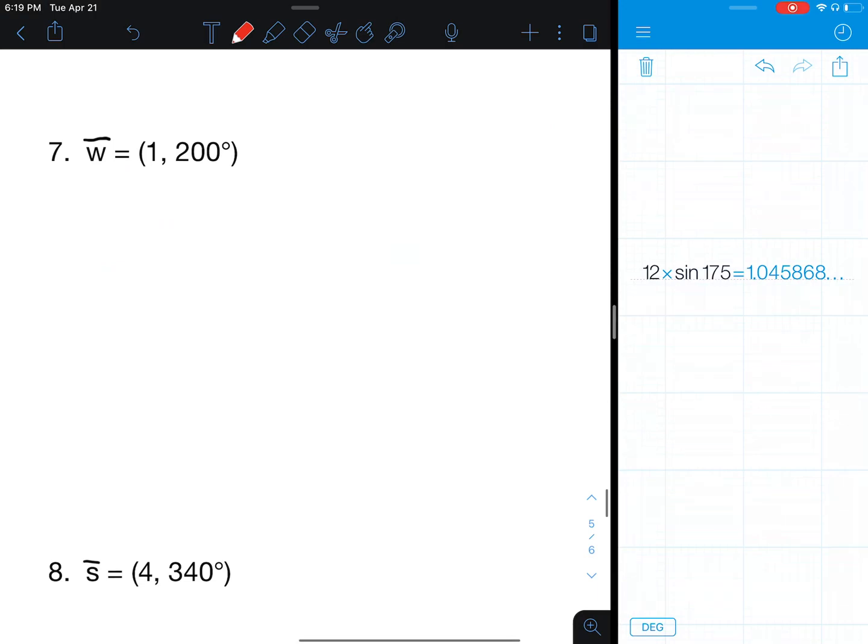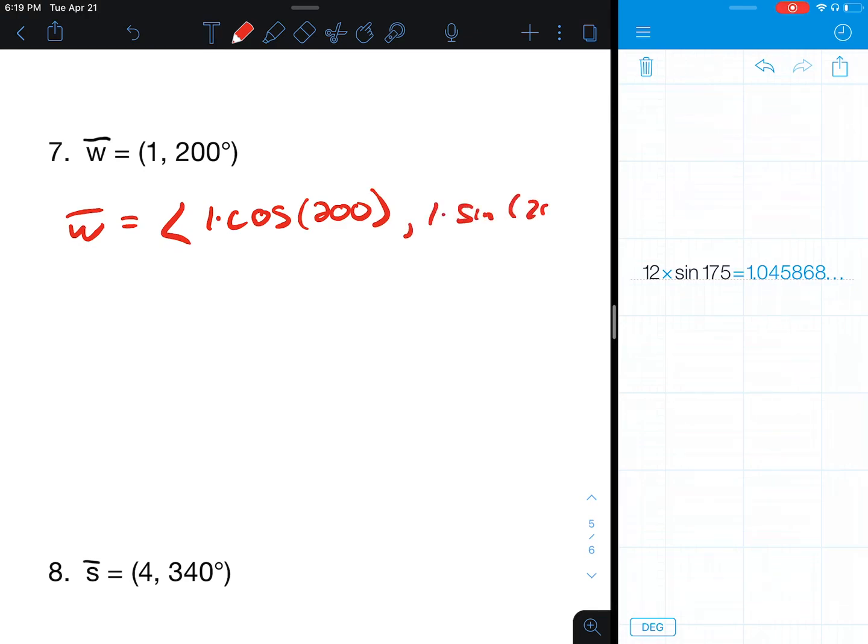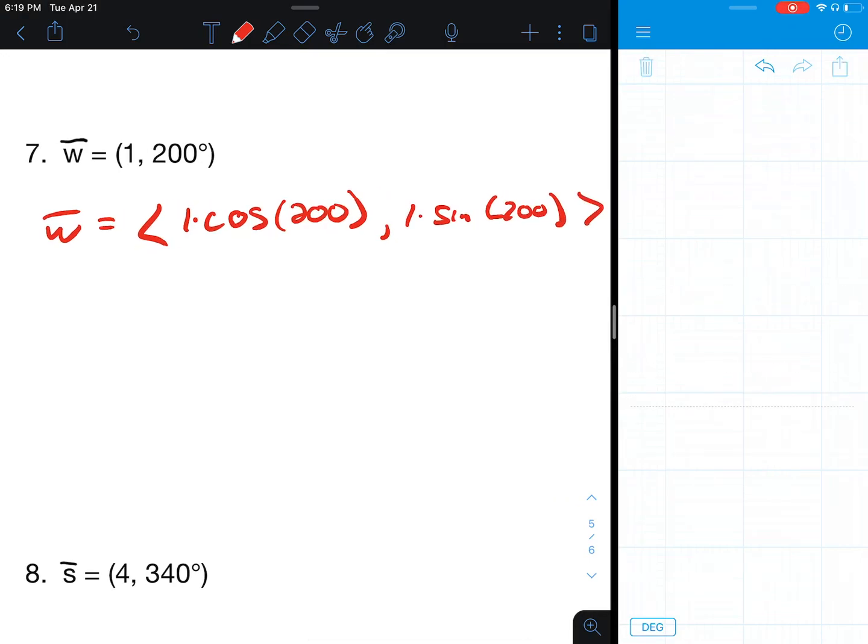Number 7, more of the same. We're going to have the radius times cosine of the angle followed by the radius times sine of the angle. Since the radius is 1, it's not all that important to write it. Cosine of 200 is negative 0.94.